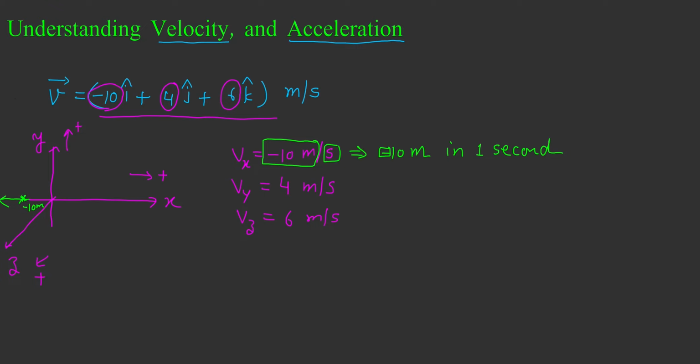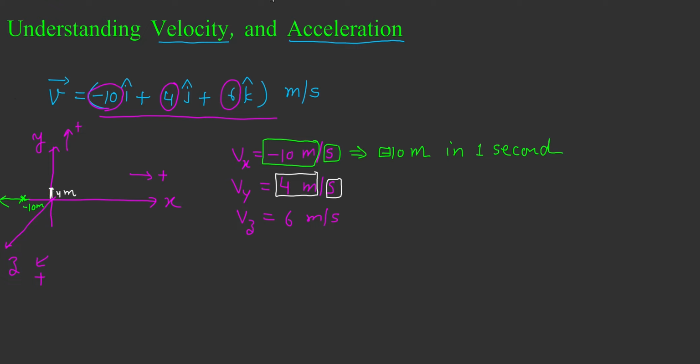Okay. Similarly, if you look at the y component of velocity, it says 4 meter per second. That means the object is going to move 4 meters in 1 second in the y direction. It is positive, so the object will move 4 meters in the y direction. Suppose I say this distance is 4 meters. So after 1 second the object would have moved this distance in the y direction.